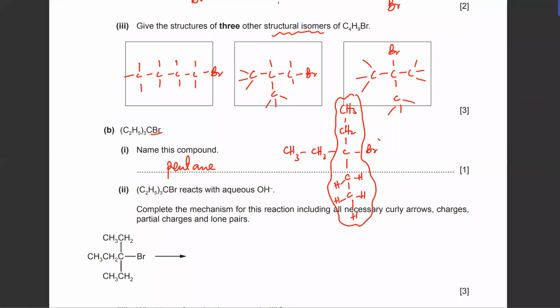And then there are two branches. The branch positions are 3, they're on the third carbon.